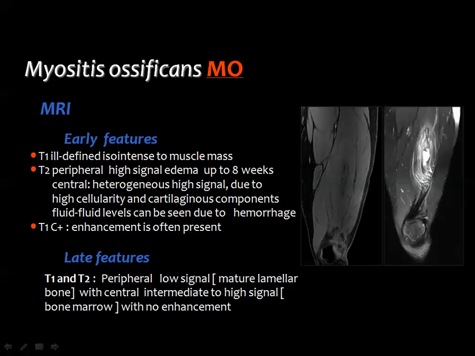The early features of myositis ossificans are indistinguishable from tumors. They appear ill-defined, iso-intense to the muscles on T1. They show increased signal on T2 weighted images, and if you inject contrast they will enhance.